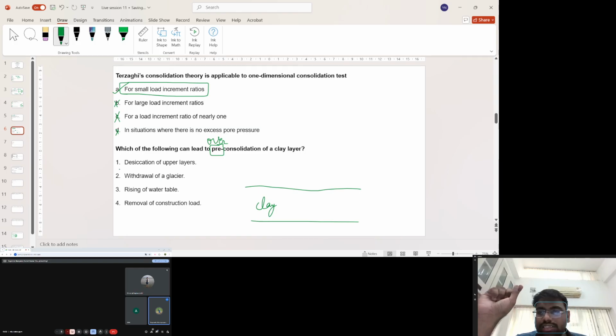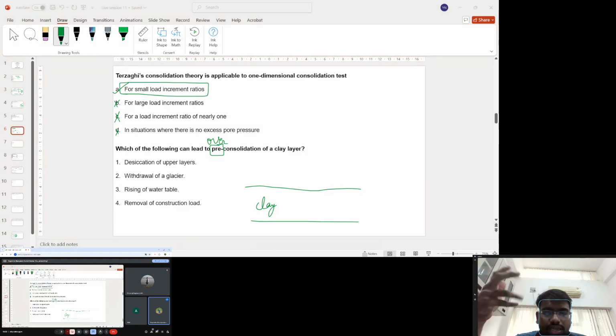Now in this case, desiccation: when the clay gets desiccated, what happens? The load application is reduced in a way, and cracks are formed, which results in increased void ratio as well as a change in density.